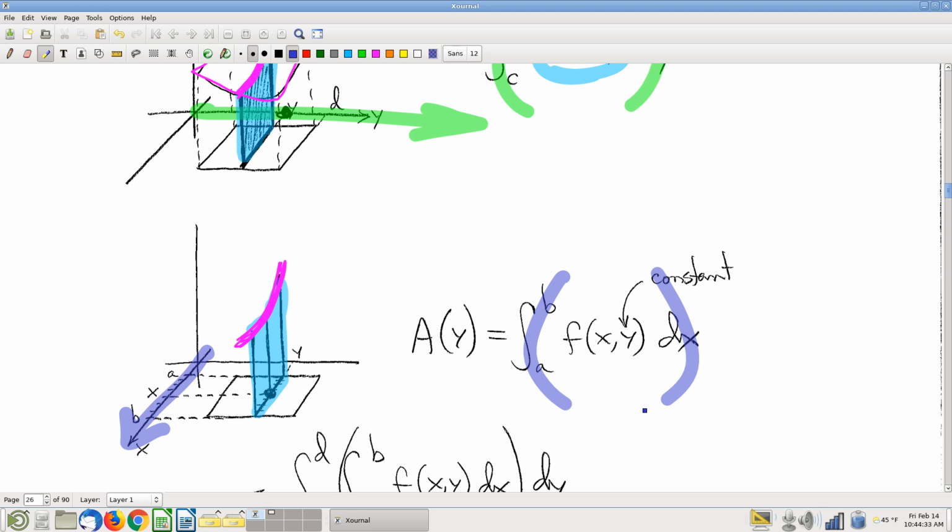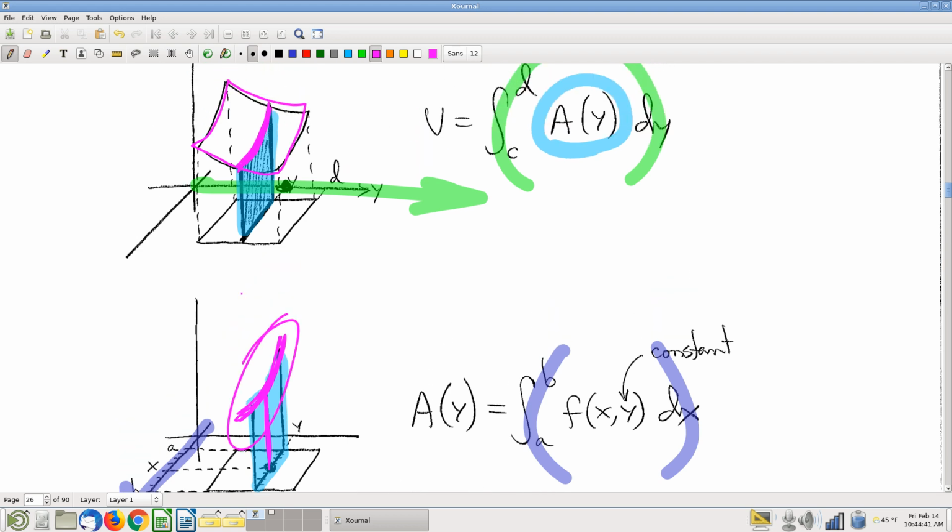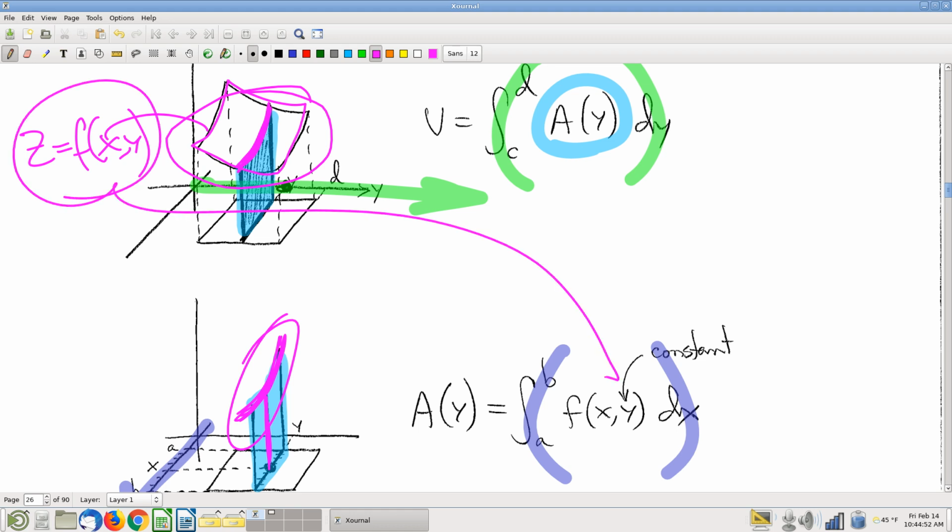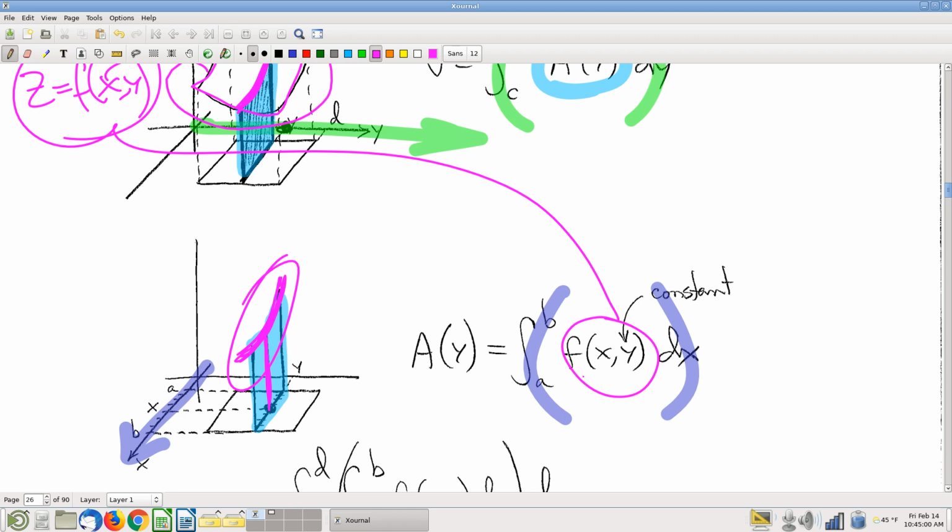That height, we just agreed, is the height up to that curve. That curve is part of this surface, and that surface is z, aka height, equals f of x comma y. So it's the value of the function f. That's our height. So we compute that cross-sectional area with an integral.